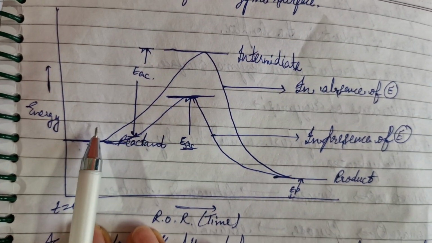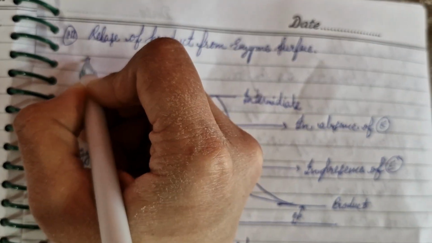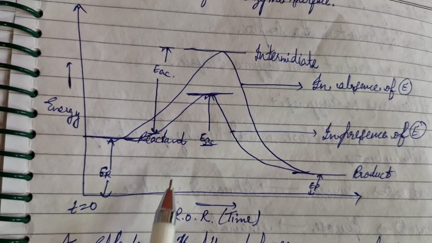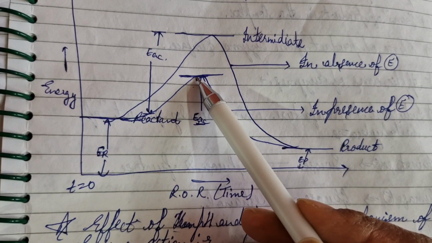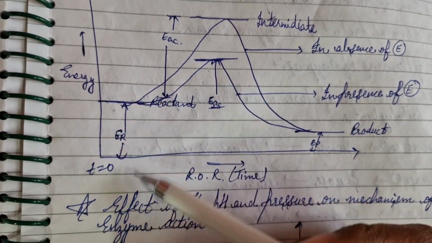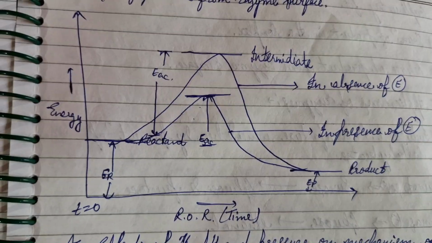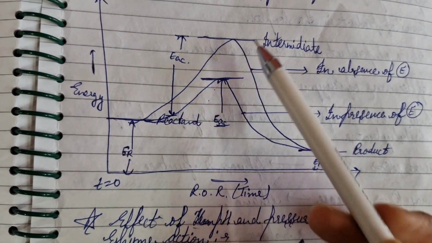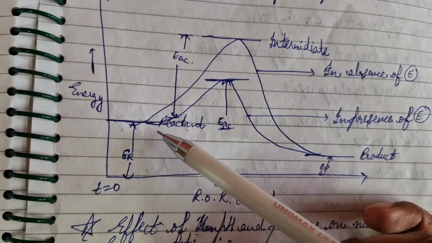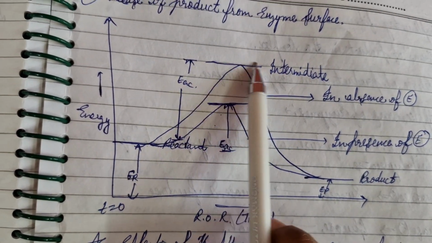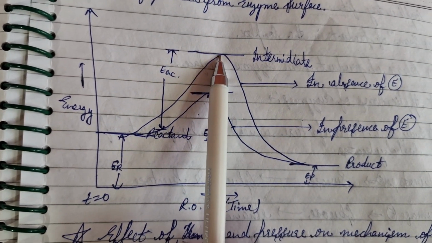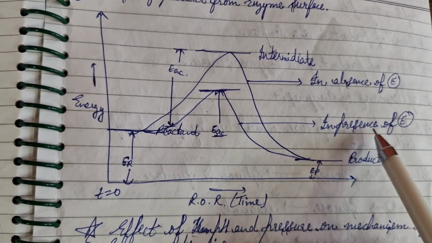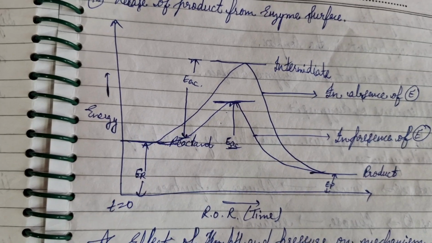The main function of the enzyme is to lower the activation energy, as we can clearly see in this graph that in the absence of the enzyme, the intermediate is formed at a higher energy value than in the case in which the enzyme is present.